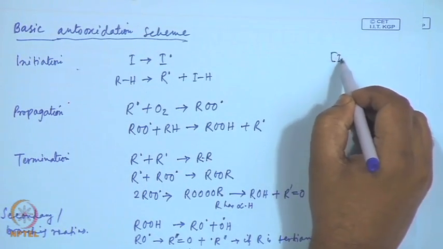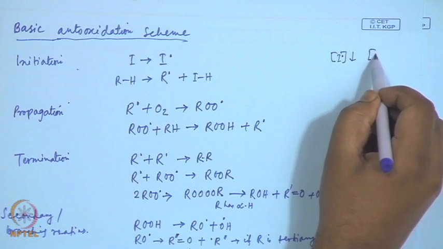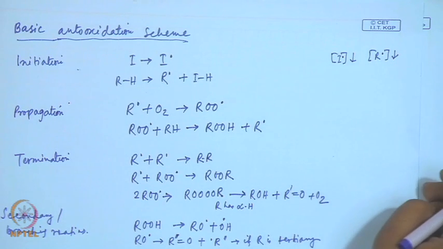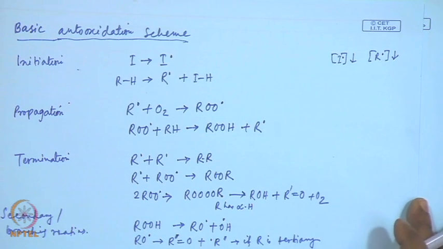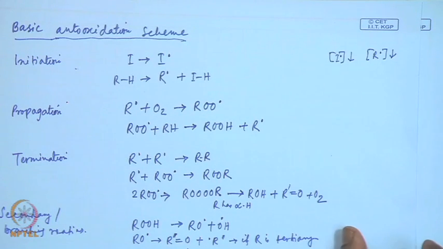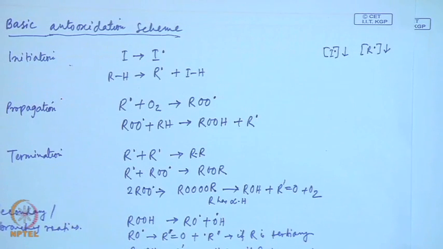So, one thing possible if you want to stop this auto oxidation, you might reduce the concentration of the I dot or the R dot radical. Now, that is basically out of our hands, because the processing and other external conditions we cannot control.